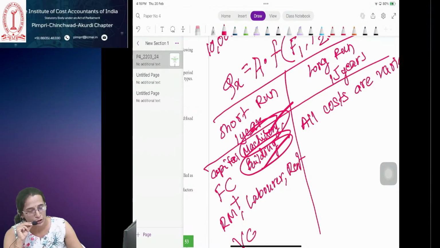Either I am not getting the raw material, or there is an earthquake or fire at my place. So for 1 or 2 days I produced 0 output of my product X. Will the fixed cost be 0? No, the fixed cost will remain the same. The variable cost will change with the output. The output is 0, so the variable cost will again be 0.